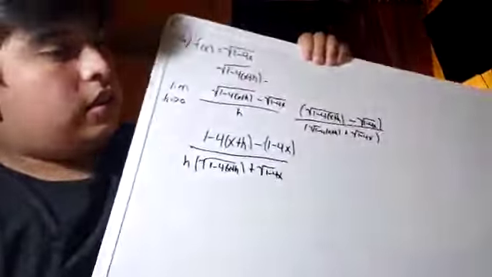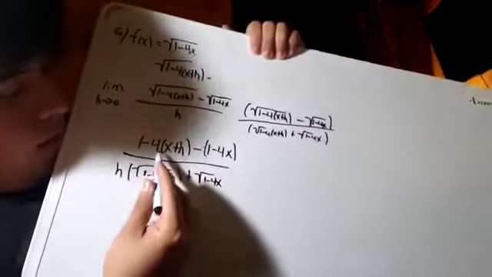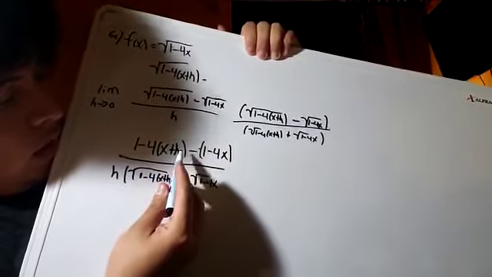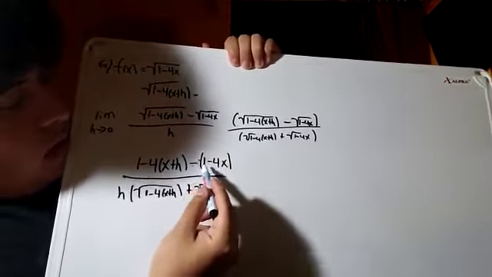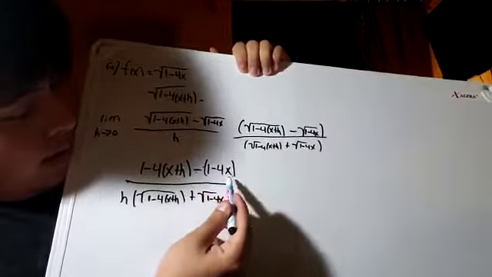So I'm taking long, I'm copying everything. Now we're going to have 1 minus 4(x plus h), minus (1 minus 4x).